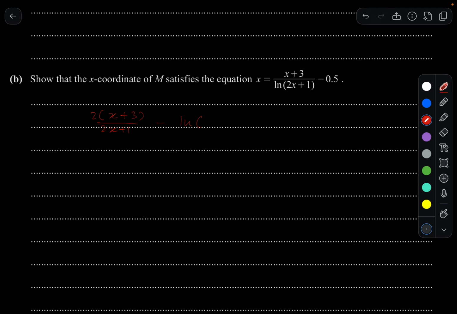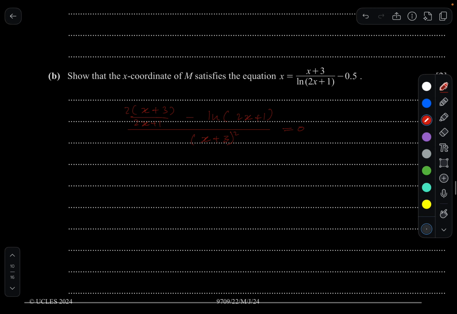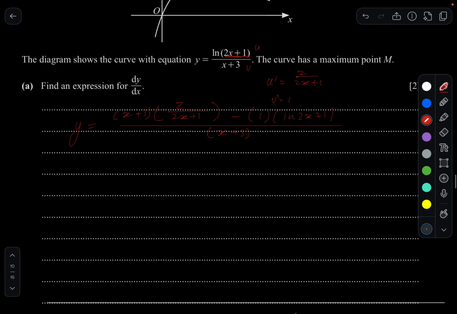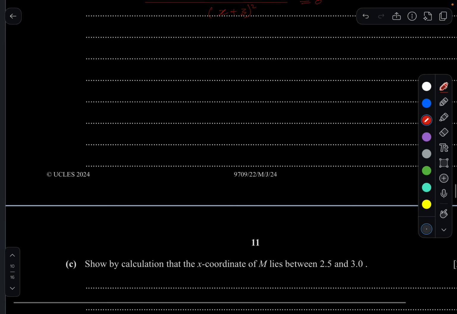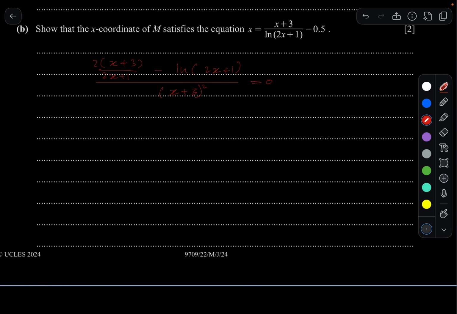Ln of 2x plus 1. And then this will be divided by x plus 3 squared. This equates to 0. So now we are trying to find the x-coordinate. They did tell us that the x-coordinate of m is the maximum point, so it's good. The derivative is 0, so we know that it is a maximum point.